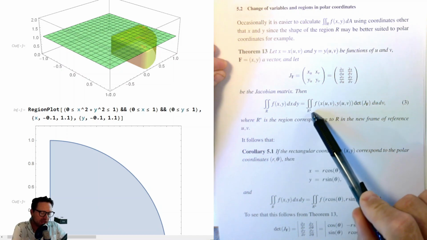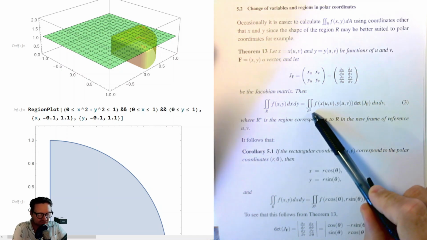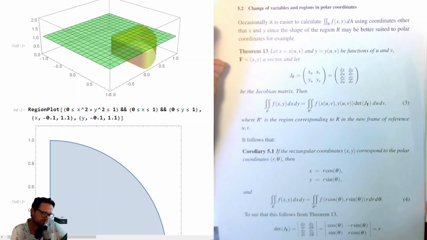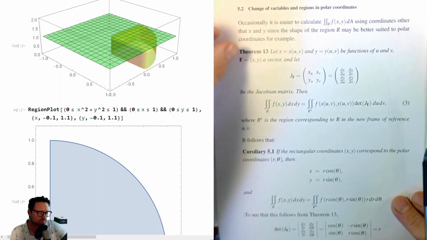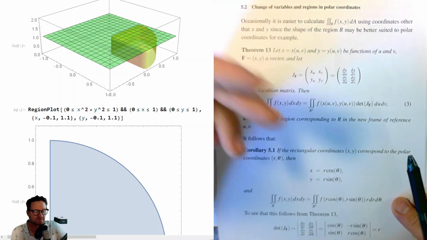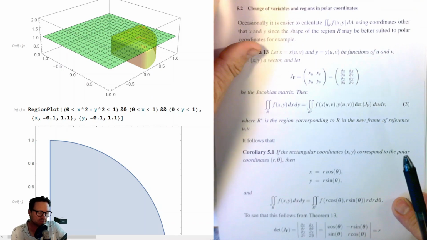Okay, R asterisk is the region corresponding to R in the new frame of reference. So essentially the same region, just represented in terms of the new letters u and v.